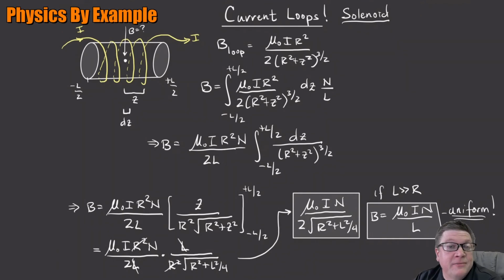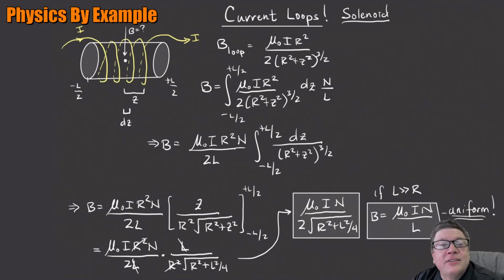If L is basically infinite, it doesn't matter where you are inside. Every bit looks like every other bit. So this is a really useful form for the magnetic field. If you want to create a magnetic field that does not die off with distance, this is how you do it. And if you want a stronger magnetic field, you just have more windings, right? Increase the winding density, the N over L, and you can get a stronger and stronger magnetic field.